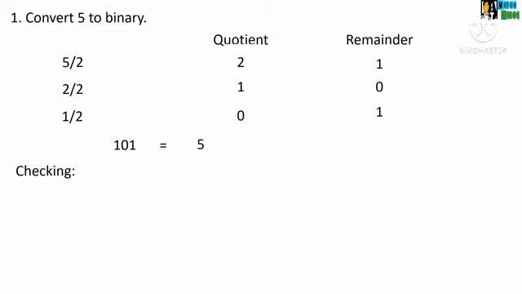So in checking, let us get 1, 0, and 1 as the multiplier. Now, let us get the result. In getting the result, let us start from right to left. So the equivalent of 1 is 1. Just write 1 there.